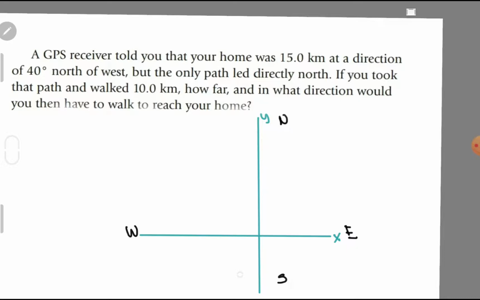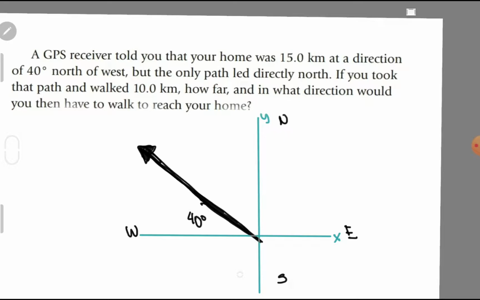So according to the problem, our home is 15 kilometers north of west, so 40 degrees. So this is our home, which is 40 degrees northwest.